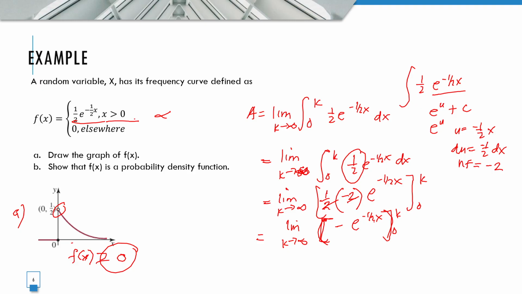If we're going to substitute this one, the limit as k approaches infinity, that's negative e raised to negative 1 half k, minus e raised to negative 1 half times 0.